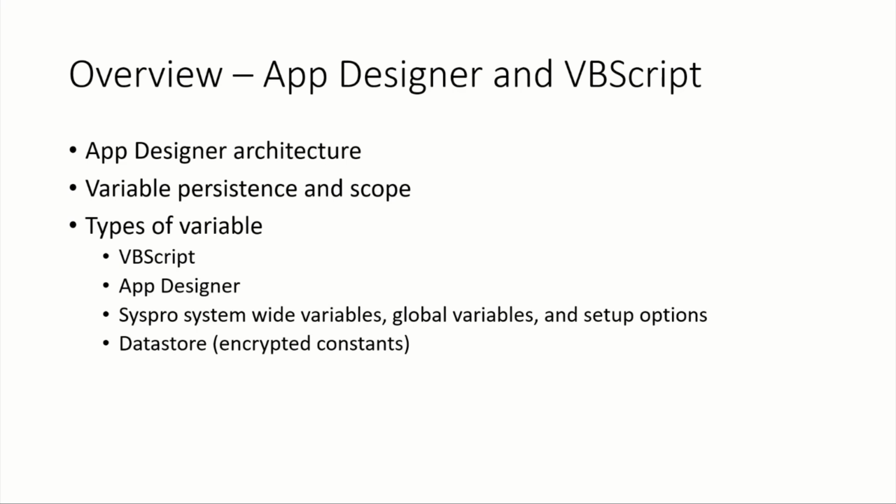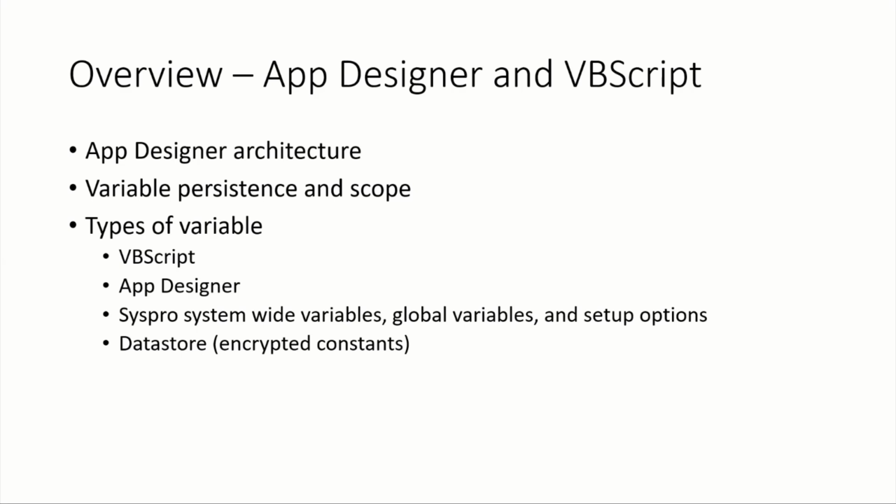I need to check whether I need to run some VBScript. If it does, it will launch a VBScript runtime on a different thread. It will run that VBScript for whatever you want it to do, and using the callouts, that VBScript can chatter back to the App Designer that actually called it.